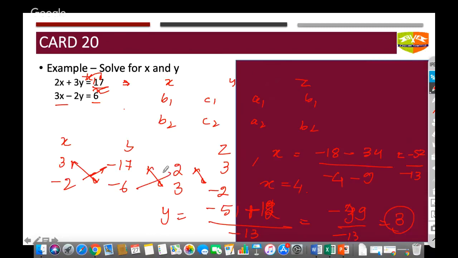So this is nothing, minus 6 into minus 2 is plus 12. So let me write it as plus 12, and this comes out to be plus 12, so this is minus 39 divided by minus 3 is 13.